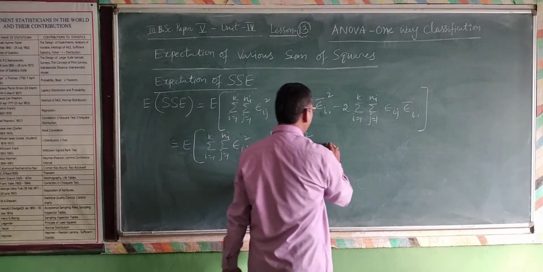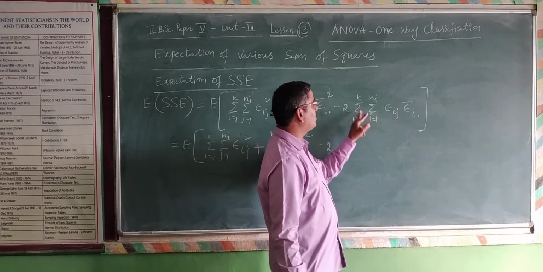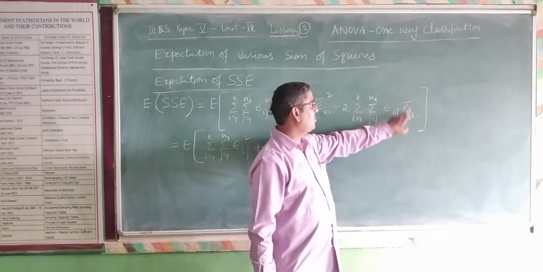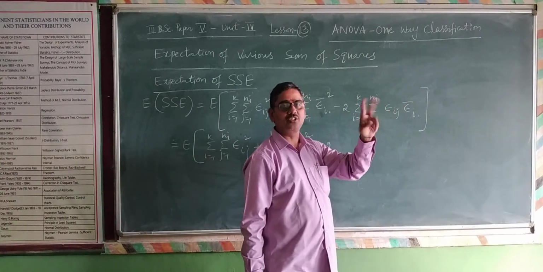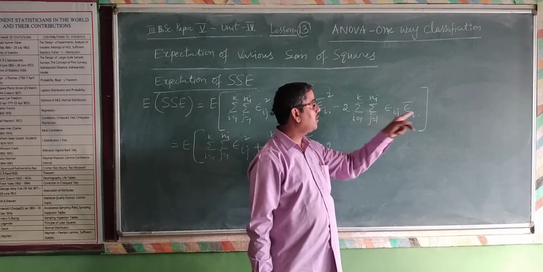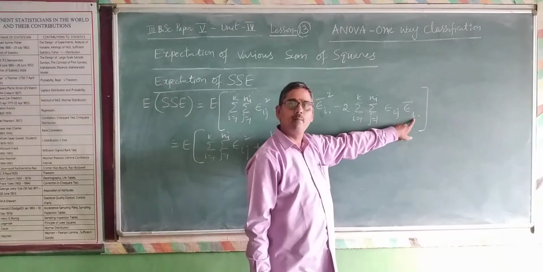Minus, now you see the term 2 multiplied by, we have two terms in the double summation, epsilon ij and epsilon bar i dot. Epsilon ij of course depends on both the summations. Epsilon bar i dot does not depend on summation j, it only consists of i.